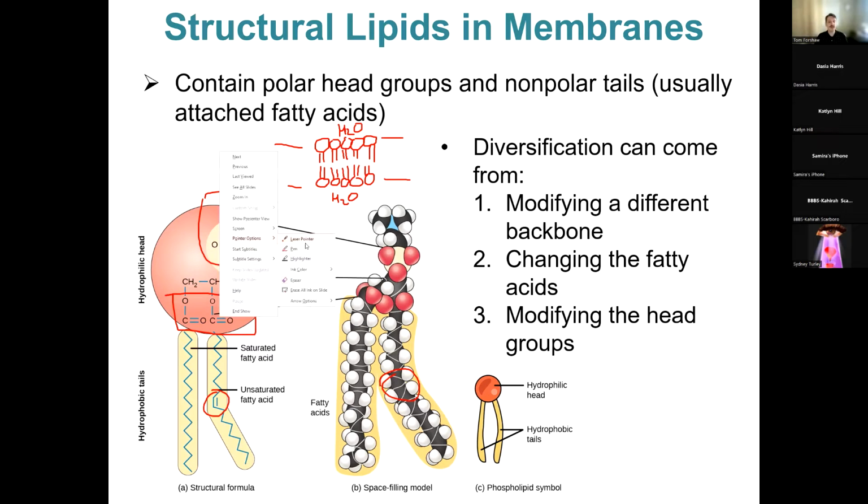Sometimes something goes on there, and sometimes something does not, and we'll cover the rules of that coming up in a couple of slides. But these can be modified to give a whole range of different molecules. So, for instance, choline can be added on, or there's a range of sugars, all kinds of things can be added on there.